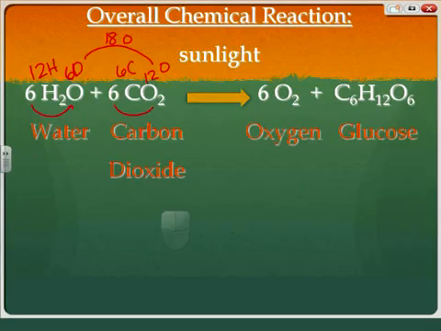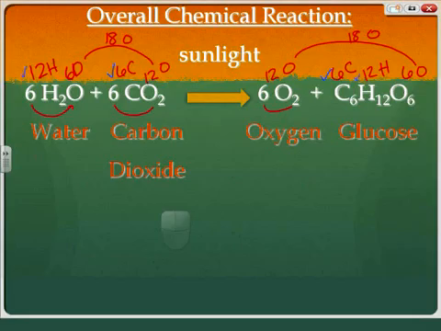On the other side, which are our products, right, reactants versus products, we have 12 oxygens, because we multiply those two numbers. We've got 6 carbons, we've got 12 hydrogens, and we've got 6 oxygens. Combine the oxygens again, we've got 18 oxygens, and if we take a look, we can figure out that what we have is 6 carbons, 6 carbons, 12 hydrogens, 12 hydrogens, 18 oxygens, 18 oxygens.